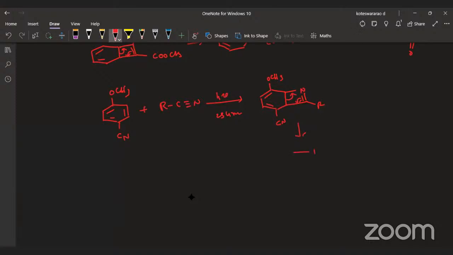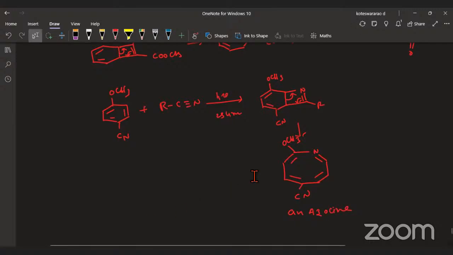An 8-membered nitrogen heterocycle is generated, with OCH3 substitution and a nitrile substitution. This is called an azocine derivative. Right. Some other cycloaddition reactions.